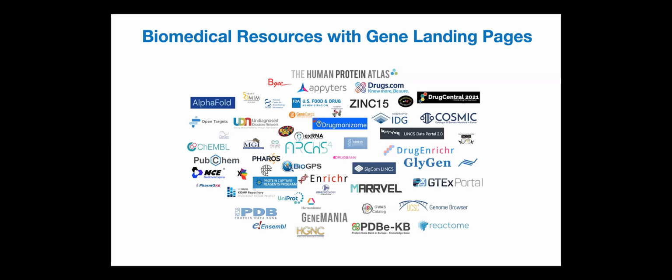As many biomedical resources provide information about variants, genes, proteins, drugs, and small molecules, as dedicated landing pages, combining these landing pages in one central location would enable more widespread access to gene and drug knowledge.